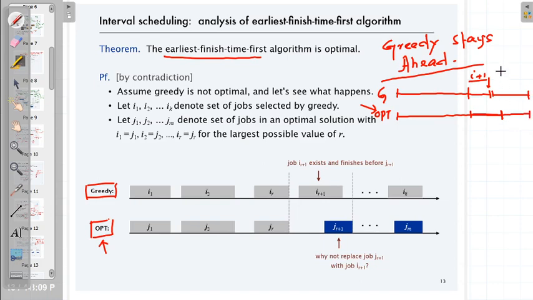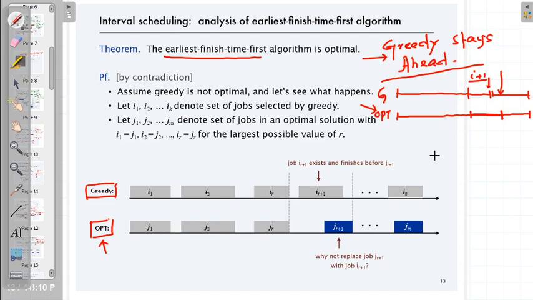So definitely this remaining portion can accommodate more jobs than the optimal one. From here we can conclude that our greedy always stays ahead. Our greedy algorithm will always stay ahead based on the construction of this earliest finish time first algorithm.